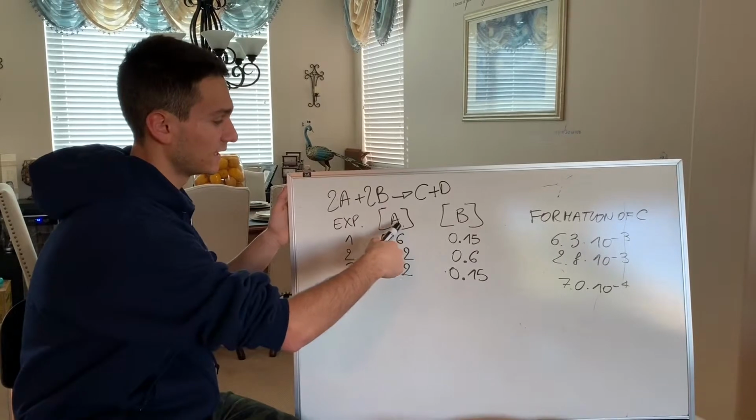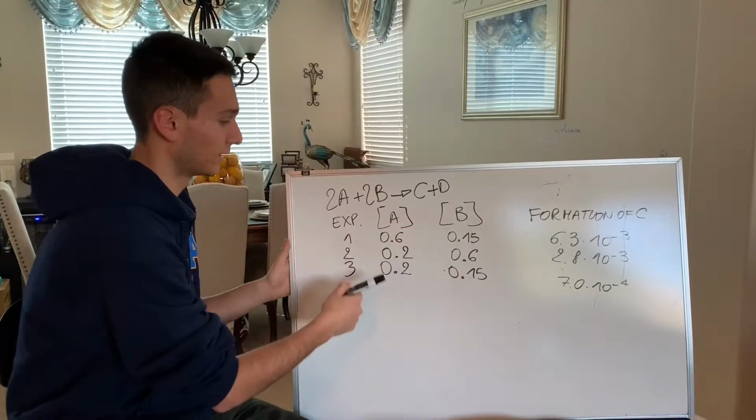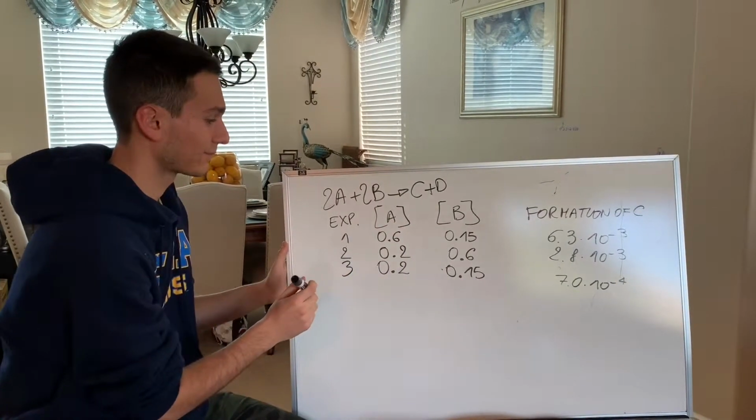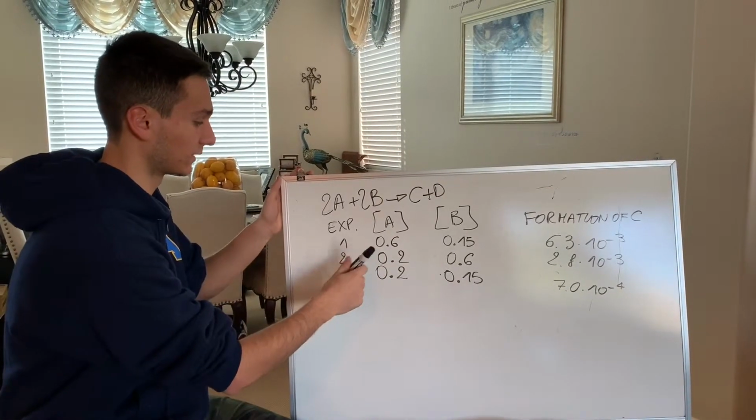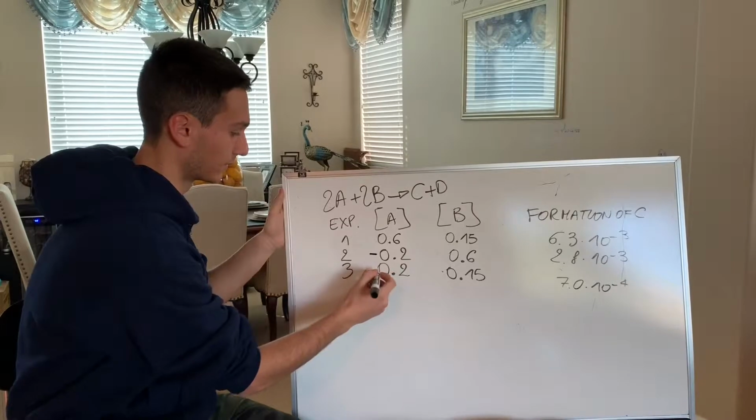Now I have to find the other exponent for B, so I go ahead and find which cancel. So I'm going to choose number 2 and number 3.